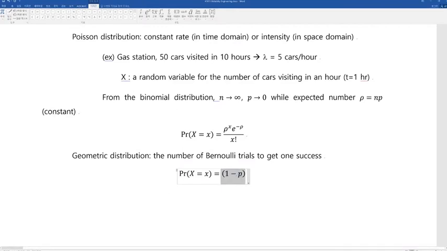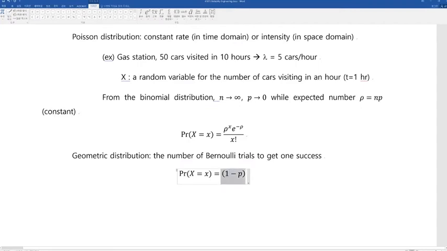If we want to calculate this geometric distribution when x equals 5, then there should be 4 failures prior to the fifth trial, which will turn out to be a success.